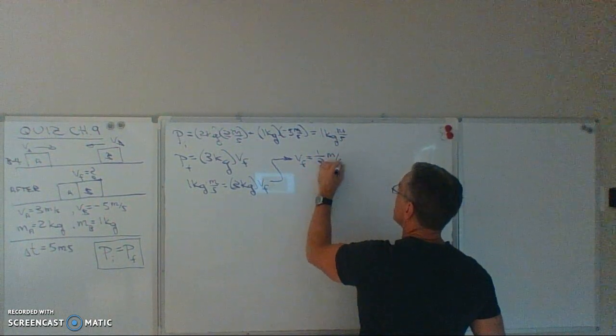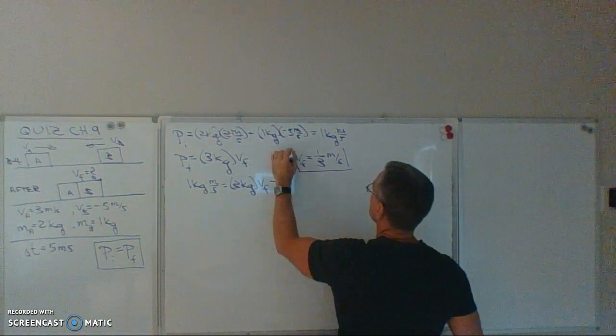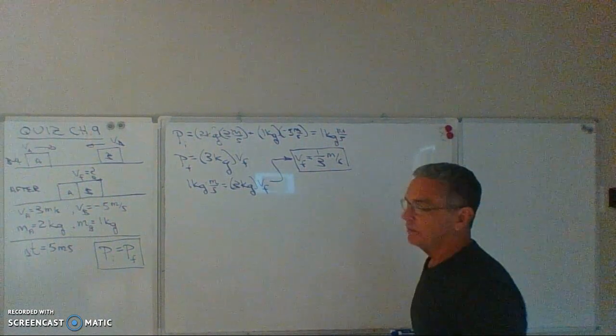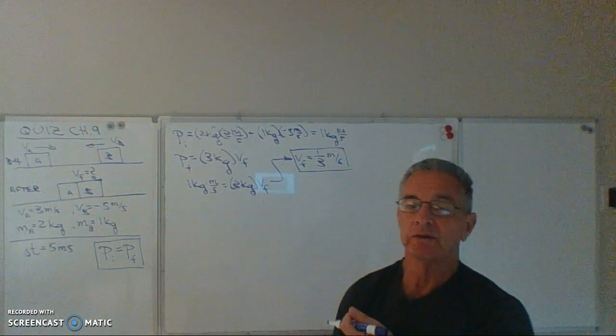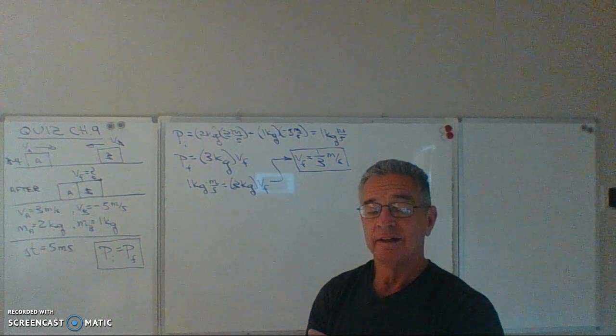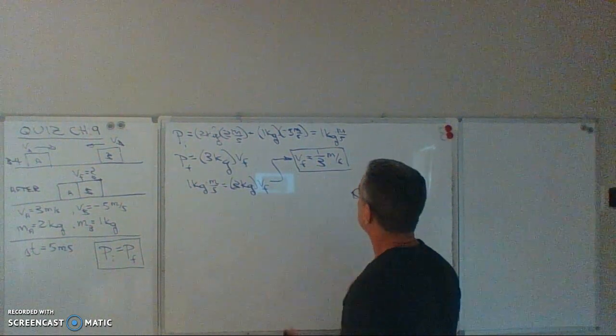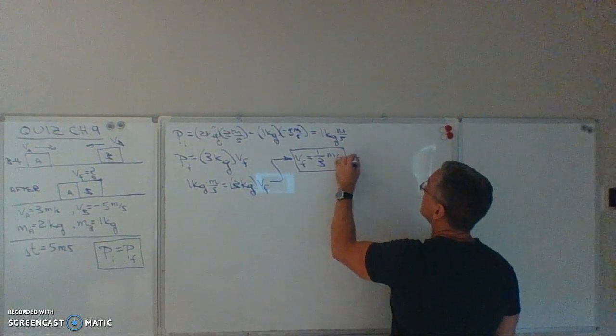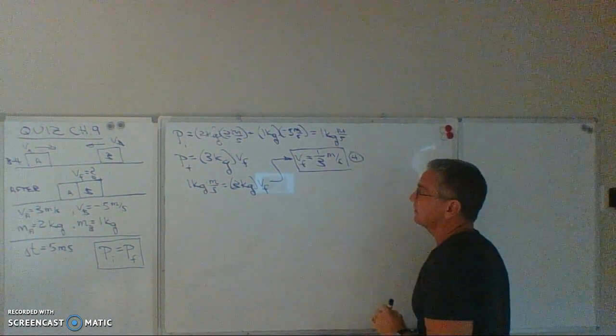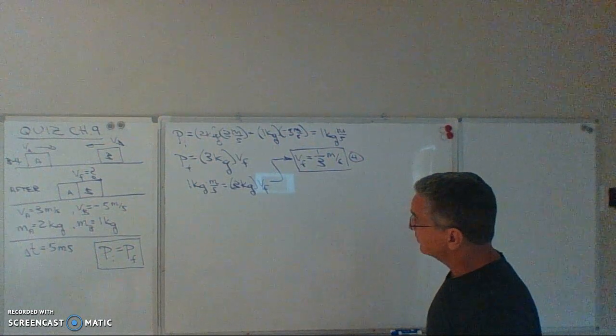So the final velocity of the two blocks, once they've stuck together after the collision, will be positive 1/3 meter per second. It'll be moving to the right at 1/3 of a meter per second. So that's part 4, the fourth thing that's asked for.